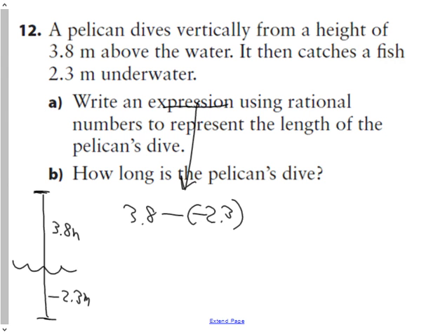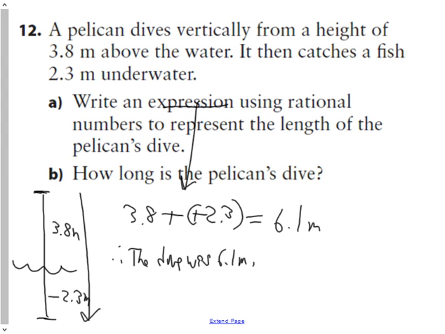And when I do that, keep flip change, I get 6.1 meters as my answer. So once I simplify it for B, the total distance of the pelican's dive was 6.1 meters.